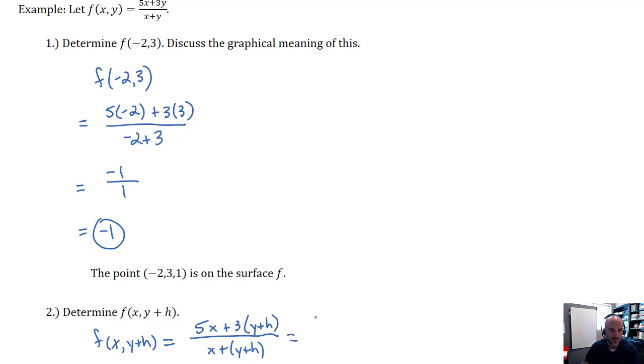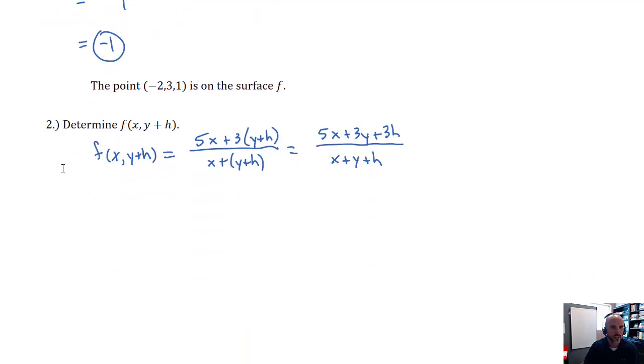And we can just simplify that if we wanted to by distributing the 3 to get 5x plus 3y plus 3h. And on bottom, we could have x plus y plus h. And you could do things like let h go to 0. You could apply a limit there maybe or something like that. But that's evaluating this function at non-numerical inputs.